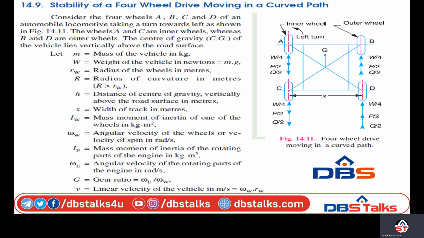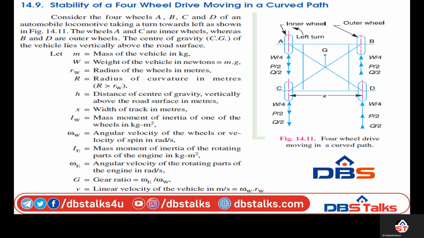Therefore the road reaction on each wheel is W by 4, since the entire load is acting equally on four wheels: total weight divided by the number of wheels, 4. That is W by 4, equal to mg by 4.